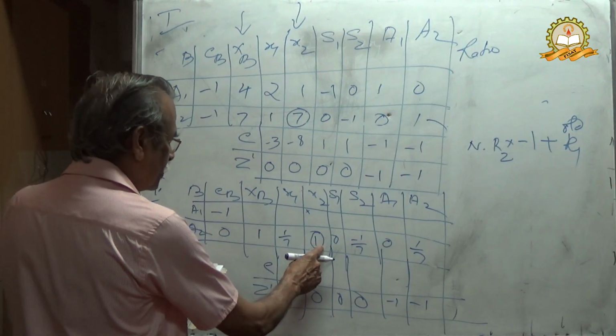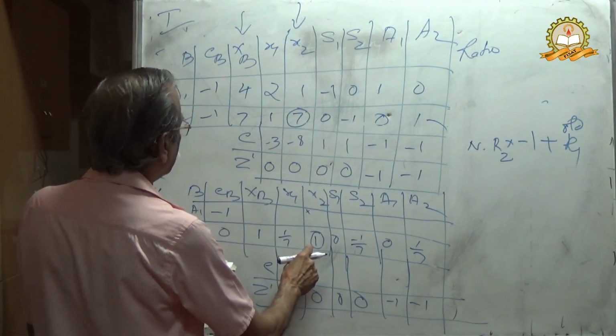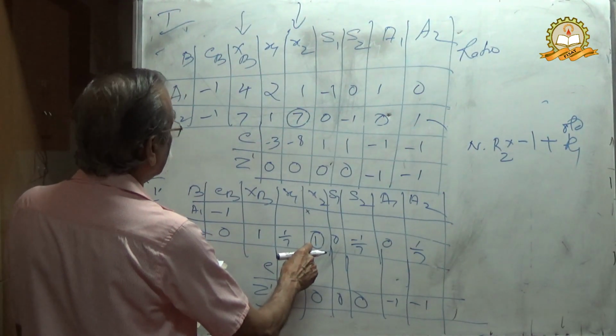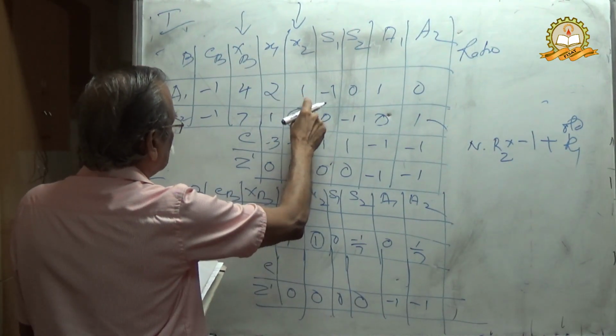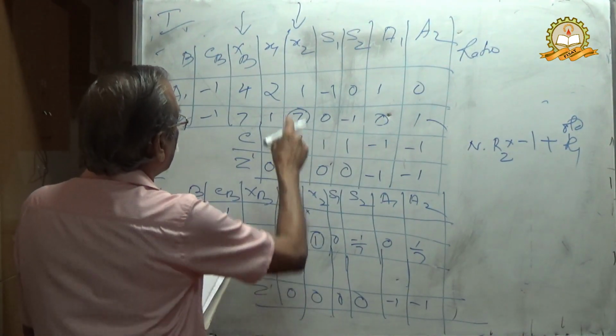Here it is 1, and under x2 it is minus 1. To make this 0, multiply this by 1 and add this.